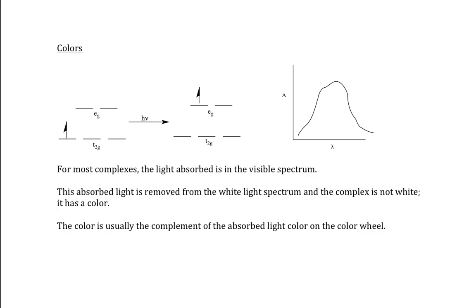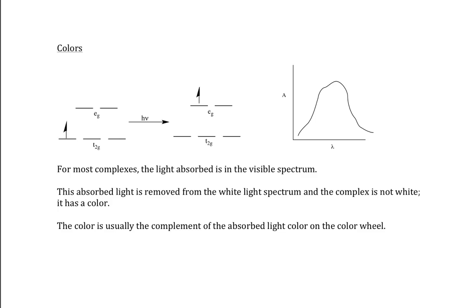It's not a big gap, which would put it in the UV part of the spectrum. It's not a very tiny gap, which would put it in the infrared part of the spectrum. It's just got the right size in most of these complexes to be in the visible spectrum. That means that the electron is easily moved up by visible light.